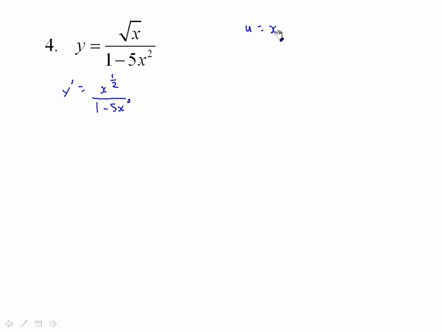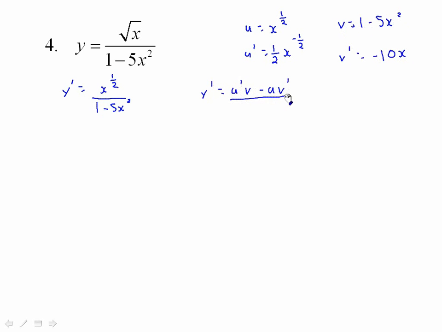u is equal to x to the 1/2. So u prime is equal to 1/2 x to the negative 1/2. Meanwhile, v is equal to 1 minus 5x squared, and v prime is equal to negative 10x. So y prime is equal to u prime v minus u v prime all over v squared.